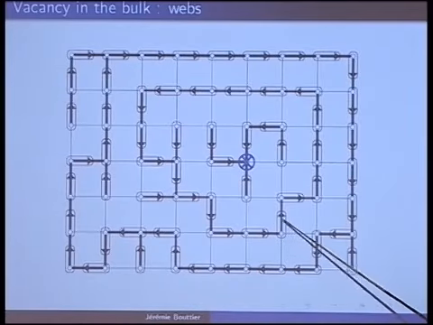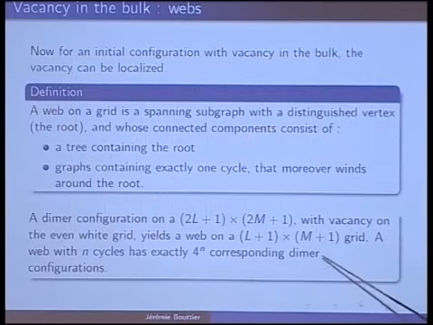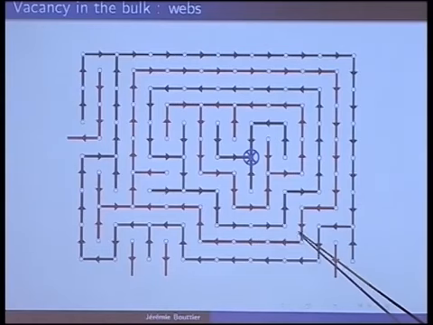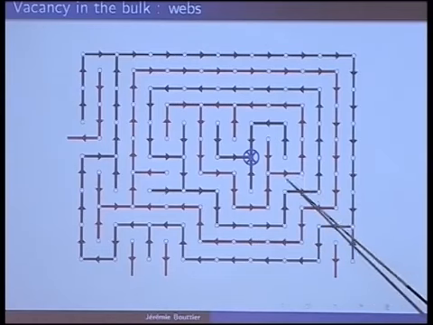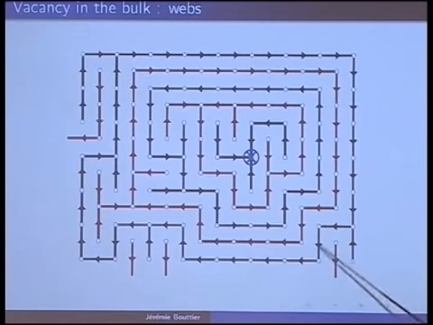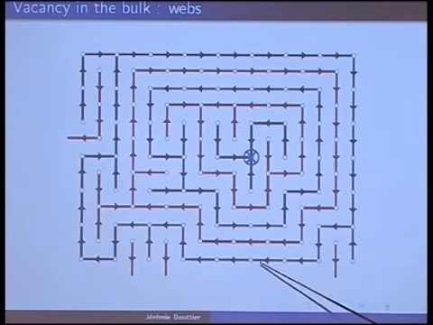What webs have more than trees is the possibility to have cycles. It's not a one-to-one correspondence, but when you have n cycles, you have 4 to the n corresponding dimer configurations. You see that by looking at the tree together with its dual tree. With this construction, to get dimers, I must also put an orientation on every side such that every site has one outgoing edge.